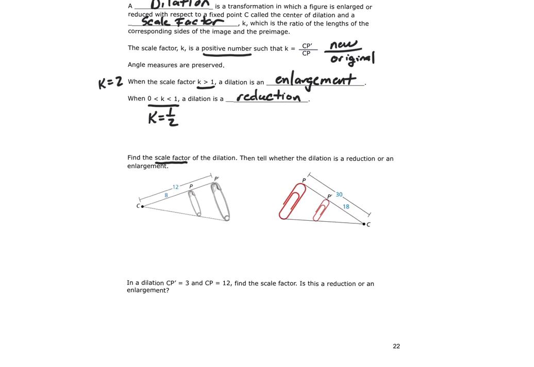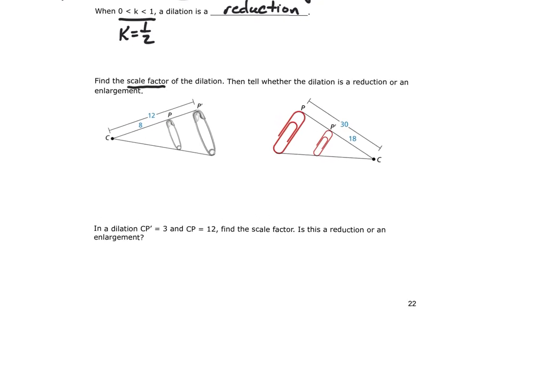Up here, we said C to P prime over C to P. So C is the point where I'm doing the dilation from. We always want the new figure on top. Okay, so the new figure or the new length is going to go on top.